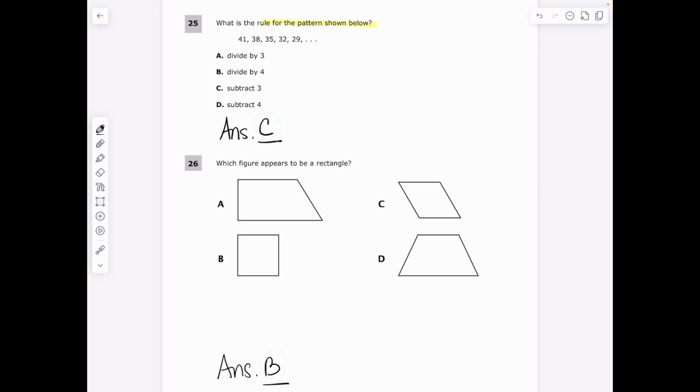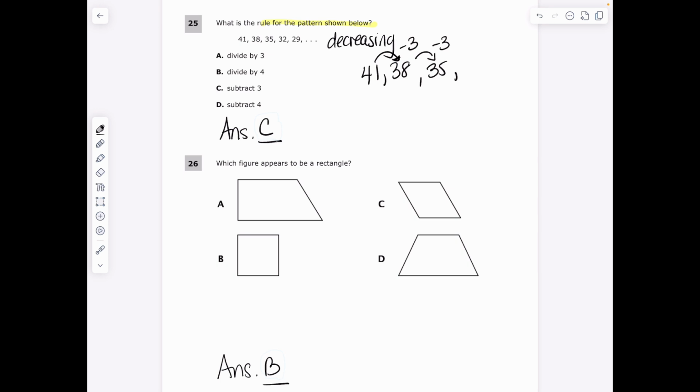So one, I see the numbers are getting smaller, so they're decreasing. And now I need to figure out what they are decreasing by consistently. So for 41, well, minus 3 gives me 38. And then 38 minus 3 gives me 35. Honestly, in my head, I'm doing 38 minus 35 is 3.